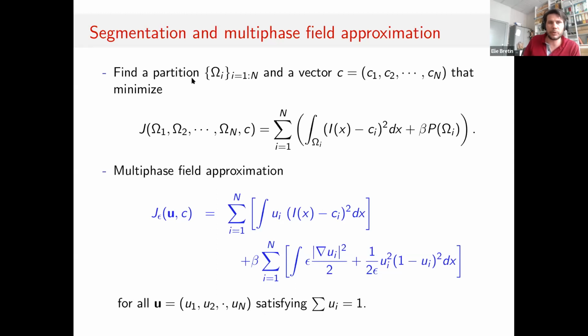The partition constraint can be implemented in the phase field approximation by a simple constraint, which means that the sum of the components of u equals 1.